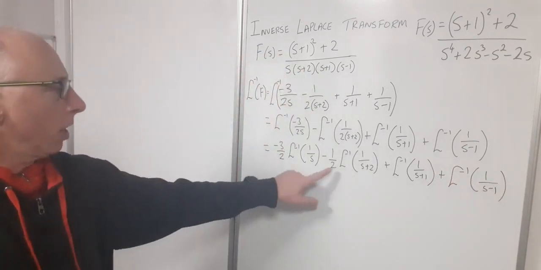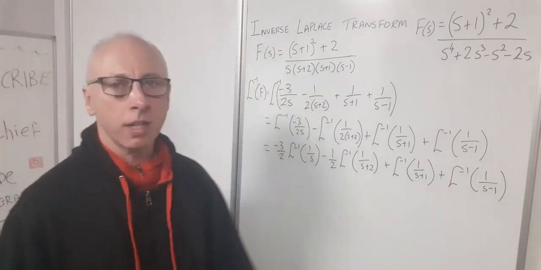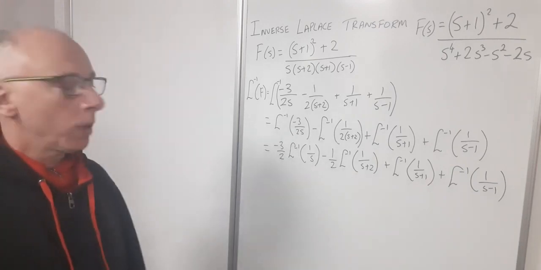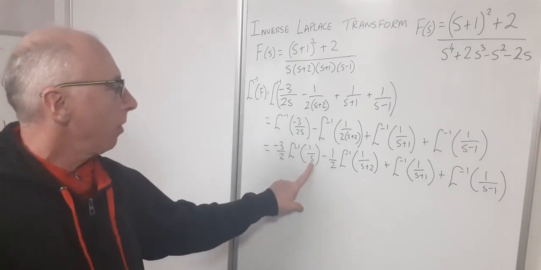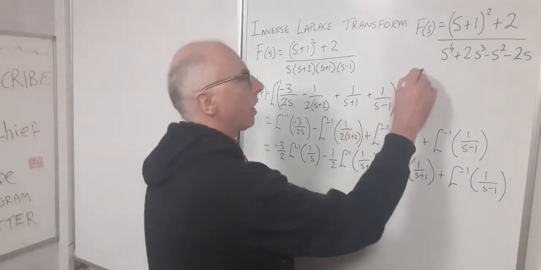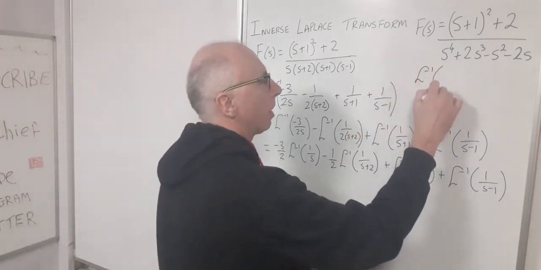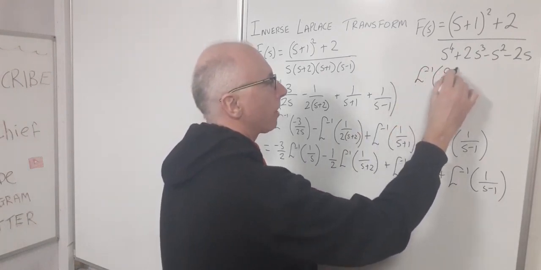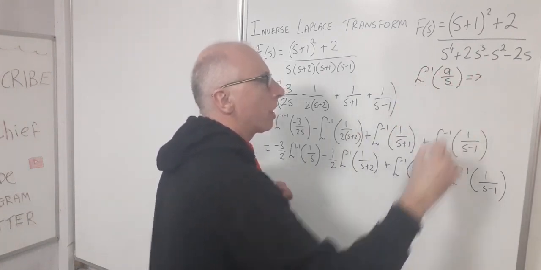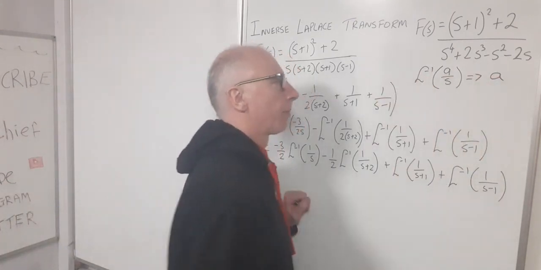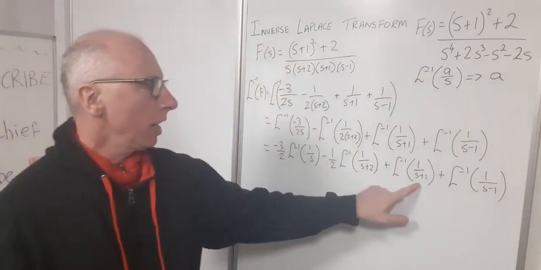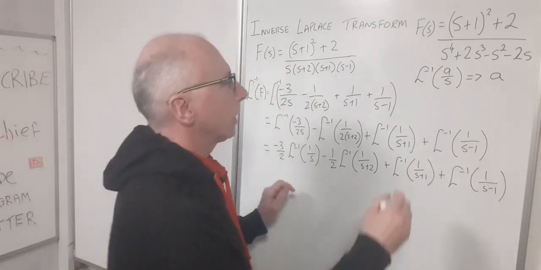Okay, so now I've got all these terms in a format where we can use our chart of inverse Laplace functions. So the inverse Laplace of a over s just leads me to my result being just a, where a is a constant. Now these ones here are of a very similar format.